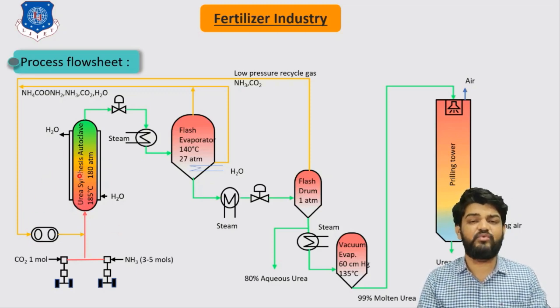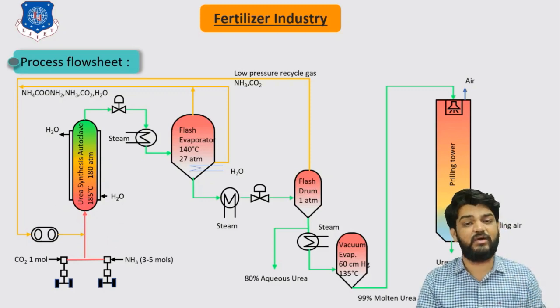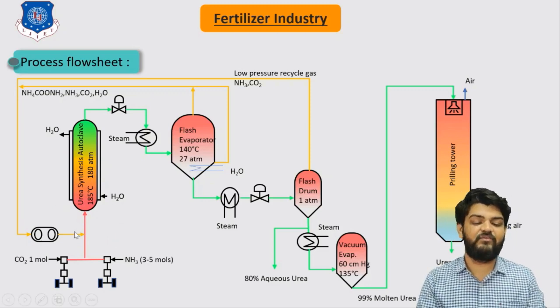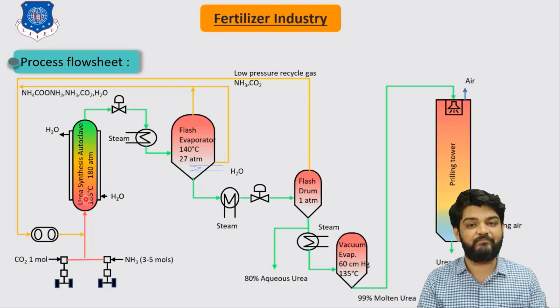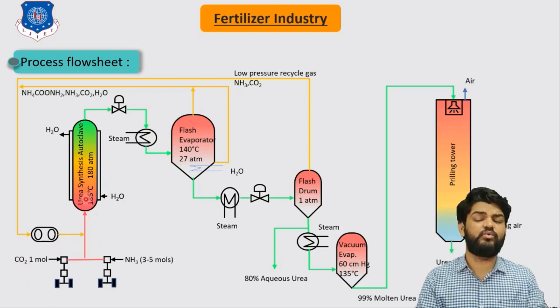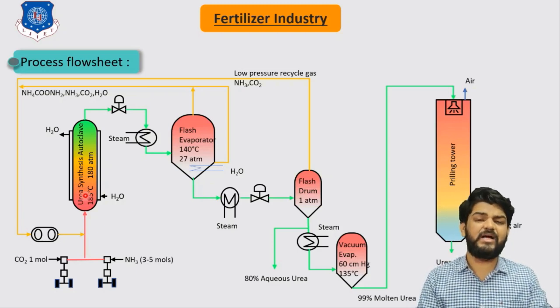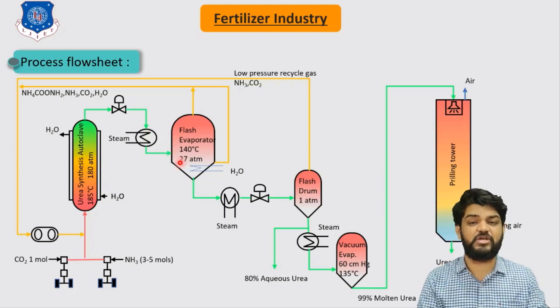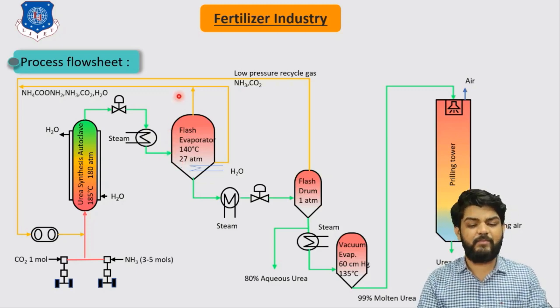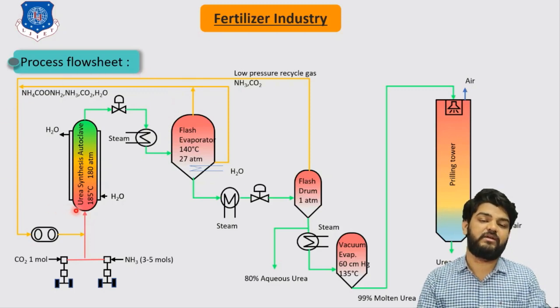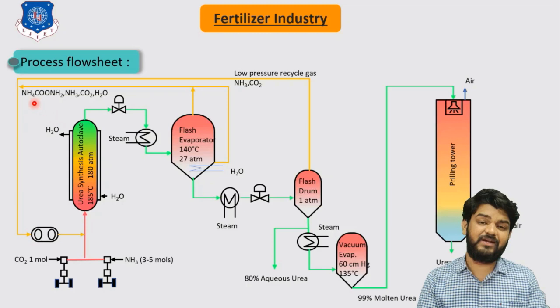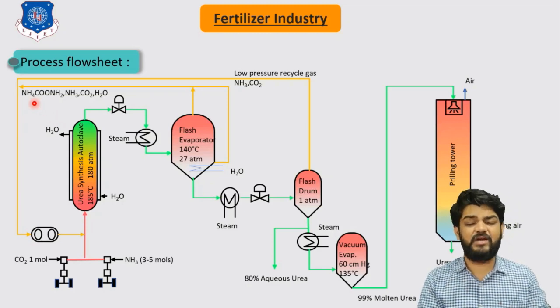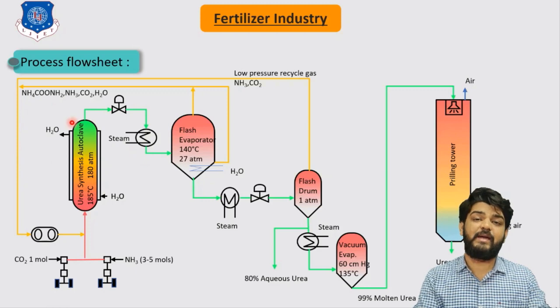Basically in this autoclave we achieve the first reaction that we have seen in the chemical reaction, and we convert our reactants into the ammonium carbamate. In this autoclave we achieve around 35 to 37% conversion into the urea, while the remaining unconverted reactants and the produced ammonium carbamate are then sent to the flash evaporator, which operates at a low pressure of 27 atmospheres. And the upper product, which contains the unconverted reactant and unconverted ammonium carbamate, is sent back to the reactor.